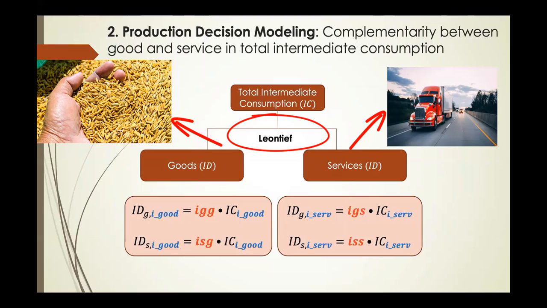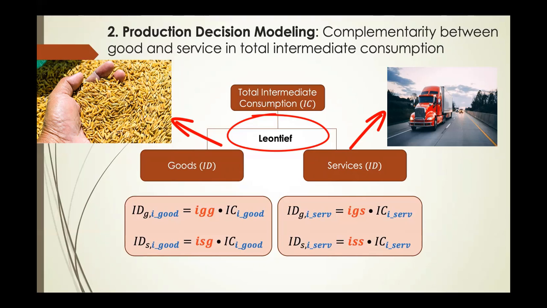As previously stated, when you double your production quantity, then you need more seed, then you double your seed in this functional form, and also you double your need of transportation, which is referred to the fixed proportionality assumption.